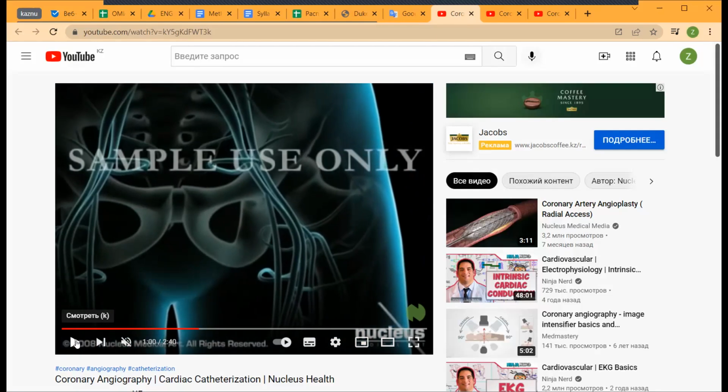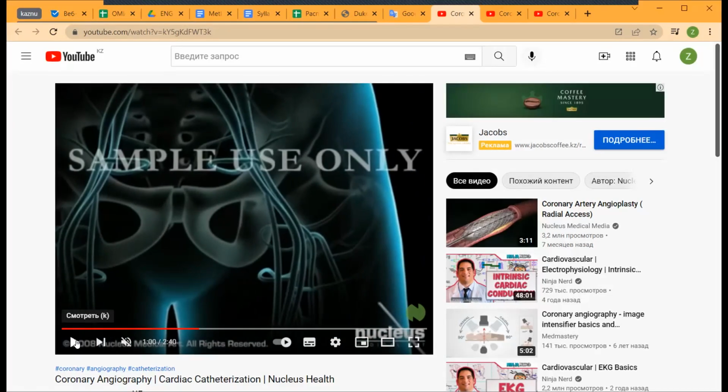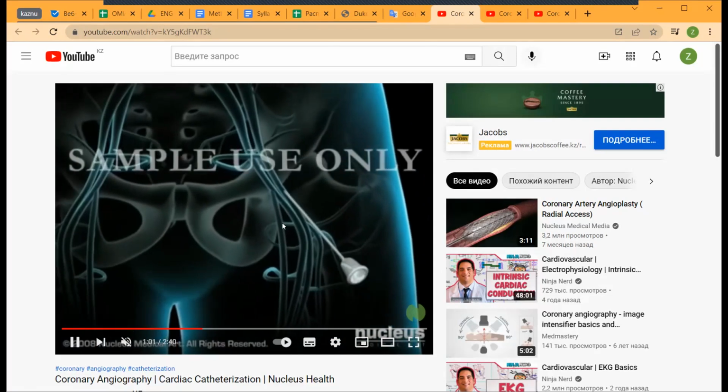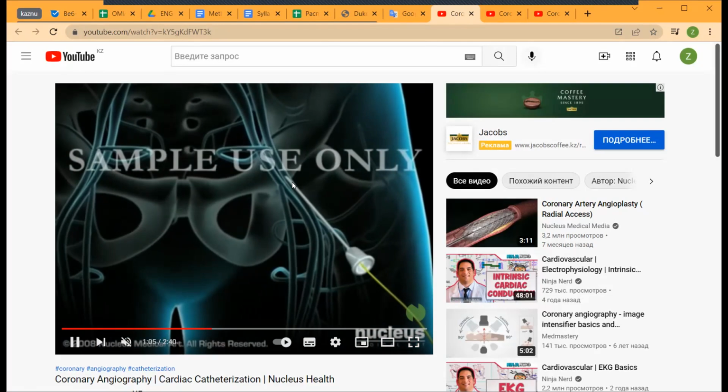This is angiography. It means we give some contrast to the vessel to see how exactly it looks by X-ray. For example, we puncture the femoral artery.